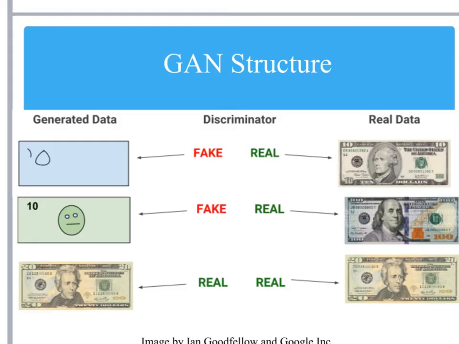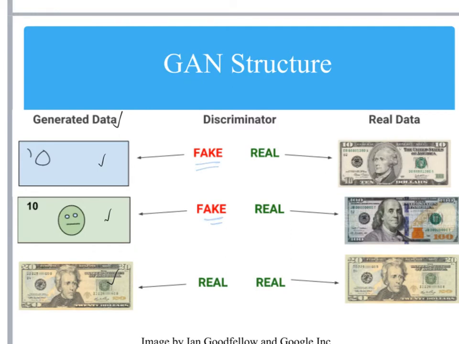Here is another way to look at GAN from a layman's perspective. You have a generator that generates data, right? Initially it generates something silly. Over time it gets better. It creates a dollar bill which looks very close to a real dollar bill. In the initial case, the generator generates something which looks silly and the discriminator says that it's fake, right?